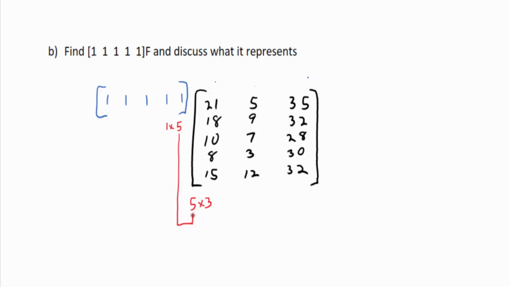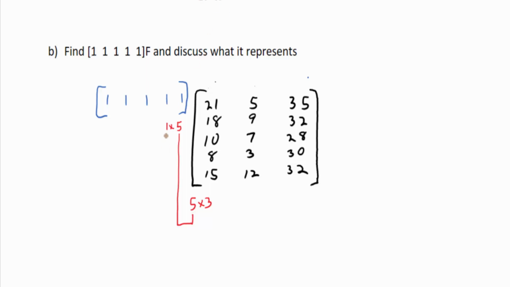I want you guys to try this multiplication. Since there's only one row in the left-hand matrix of ones, and you can look at the dimensions, can you predict for me what the dimension of the outcome is going to be?